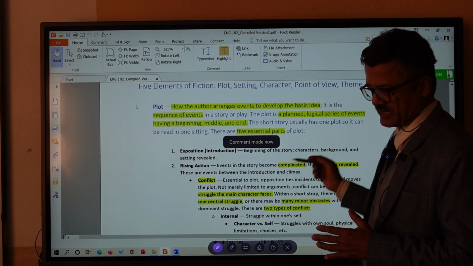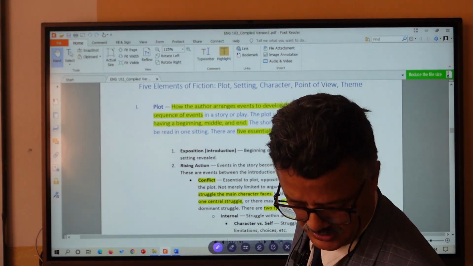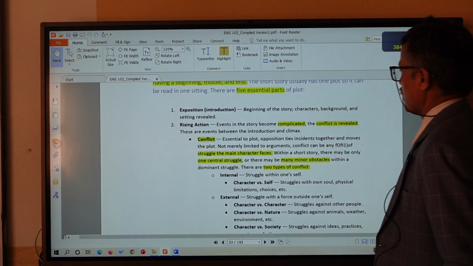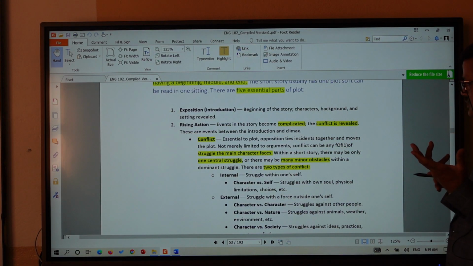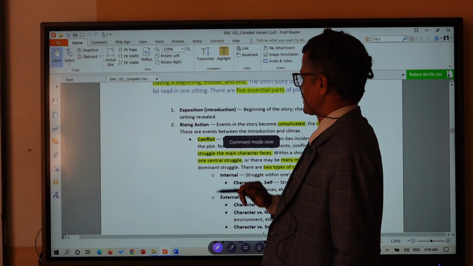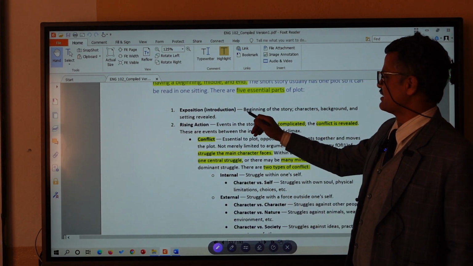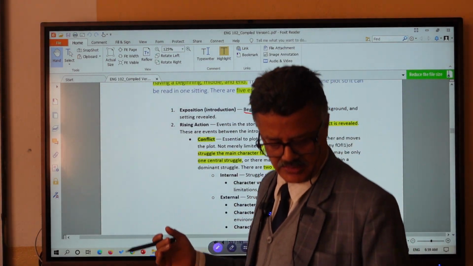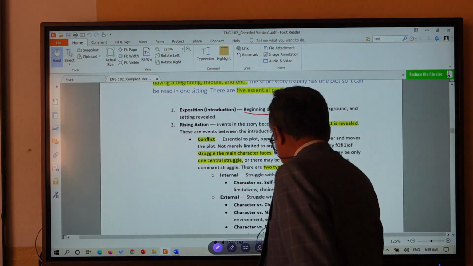Now, what are the essential parts of the plot? Plot is a very broad term. There is something called exposition, the beginning of the story, right? So, if you go back here, you see the exposition.